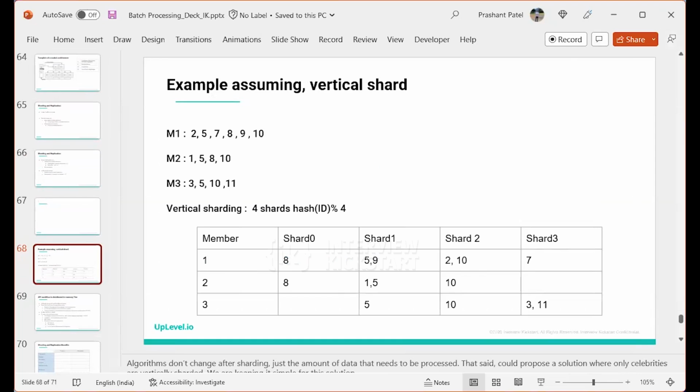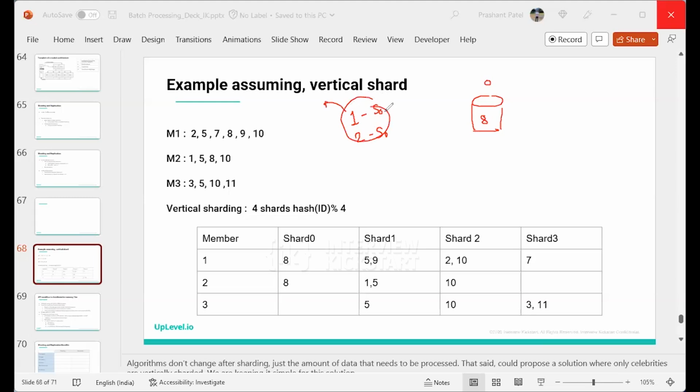We discussed that 8 would be present only once, right? If this is shard 0, then 8 is present once, but there is some other table that knows that user 1's connection is present in shard 0 and user 2's connection is also present in shard 0. Maybe this mapping is present in a configuration manager.